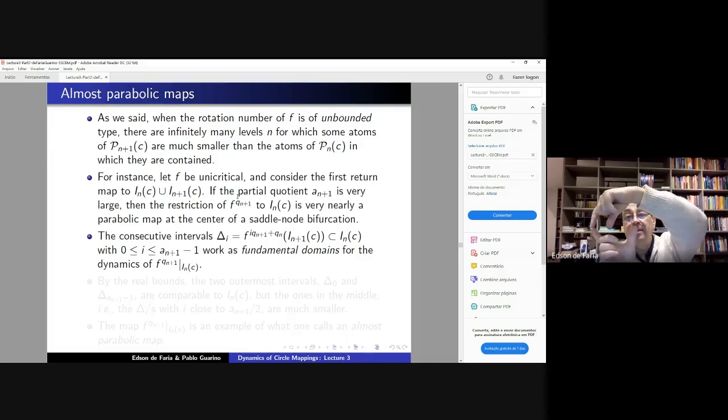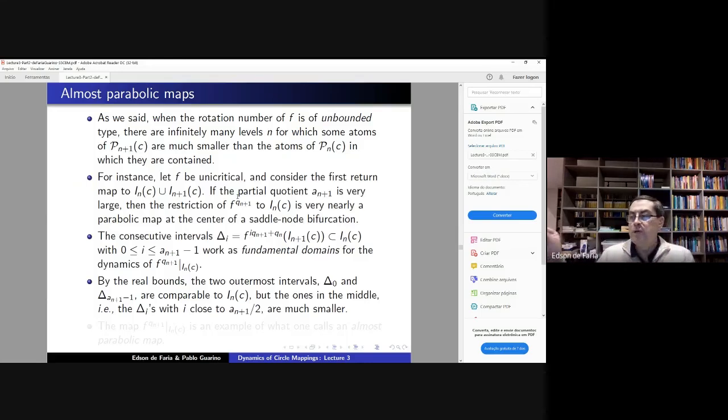And then if you apply the map f^{q_{n+1}}, it kind of goes like this. It migrates like a translation from one side to the other. So these intervals are like fundamental domains for the dynamics of this f^{q_{n+1}} restricted to this interval, okay?